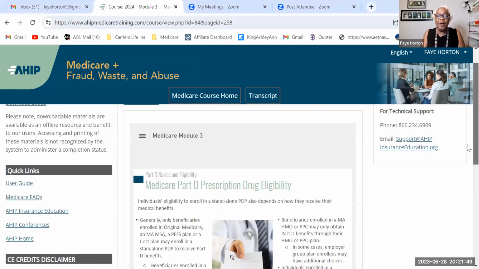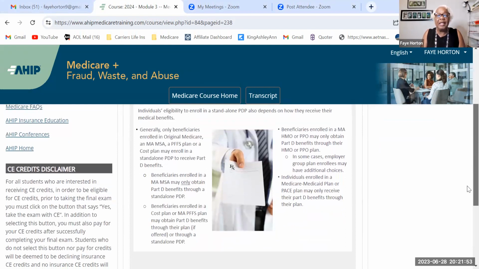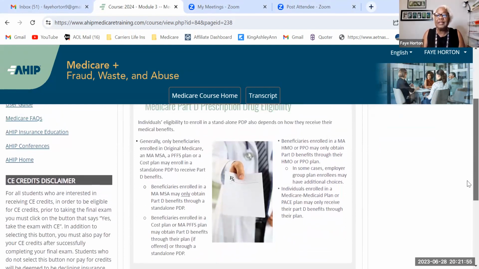Okay, Medicare Part D prescription drug eligibility. Individuals' eligibility to enroll in a standalone depends on how they receive their medical benefits. Generally, only beneficiaries enrolled in original Medicare, an MA MSA, a PFFS plan, or a cost plan may enroll in a standalone prescription drug plan.